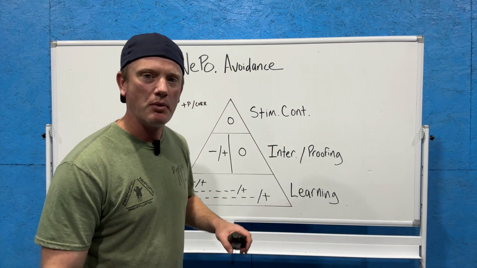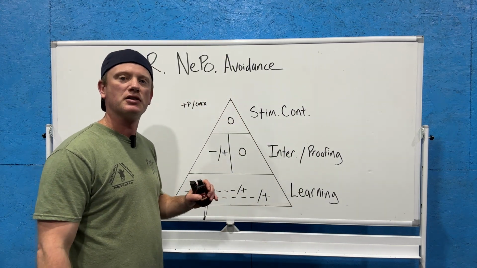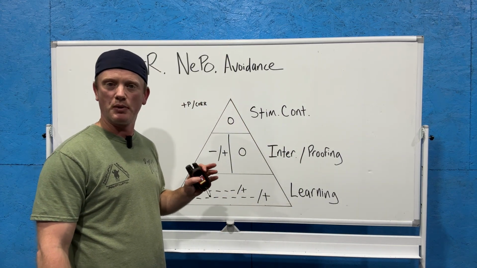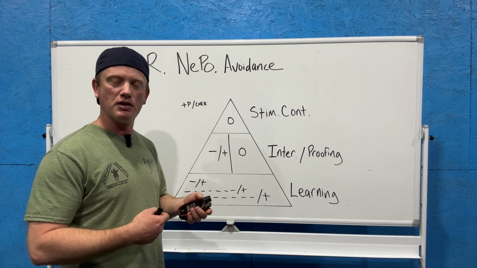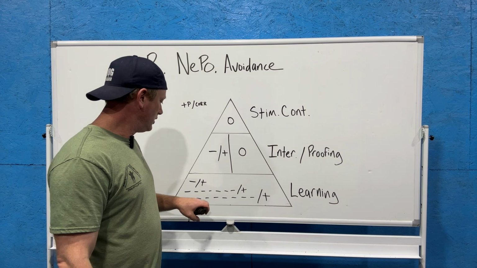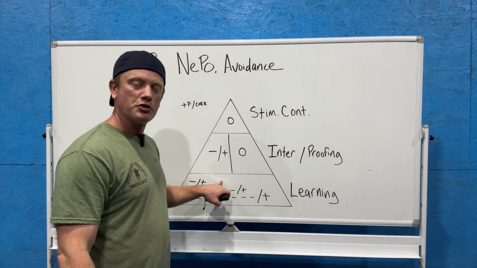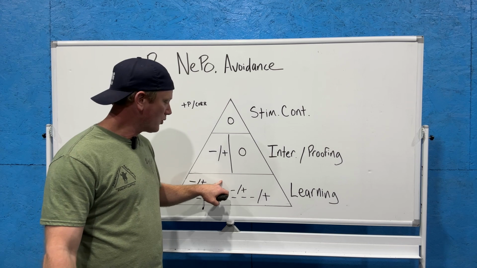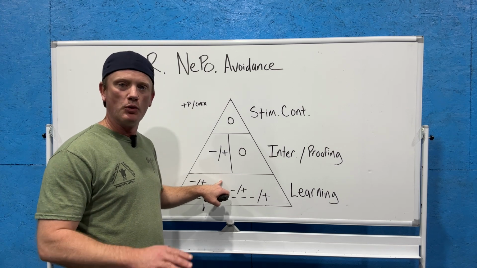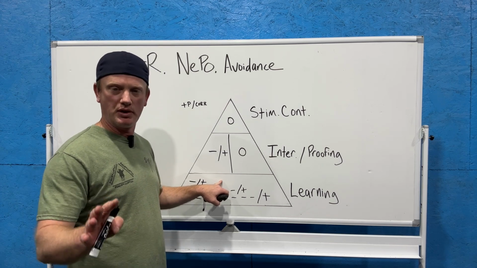Again, we're going to begin with the bottom phase, which is the learning phase. Just remember that in positive reinforcement, we rewarded with every rep. Remember that? So it was sit, reward, sit, reward, sit, reward. Well, in negative reinforcement, we want to keep that same concept. So we want to use negative reinforcement with every single repetition. We don't want to skip any, right? Every rep.